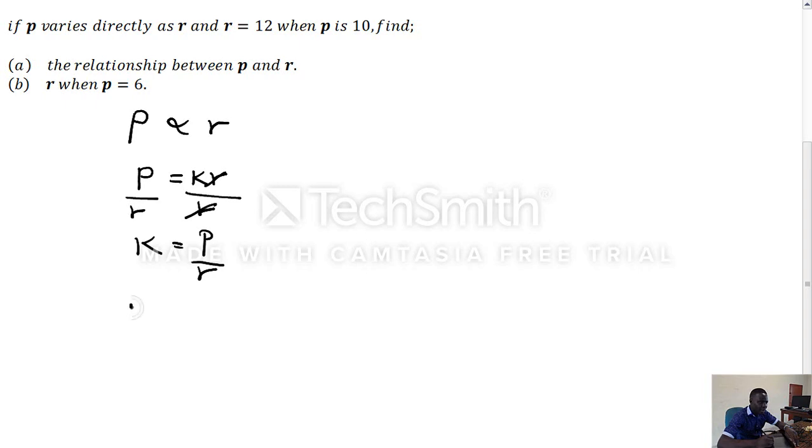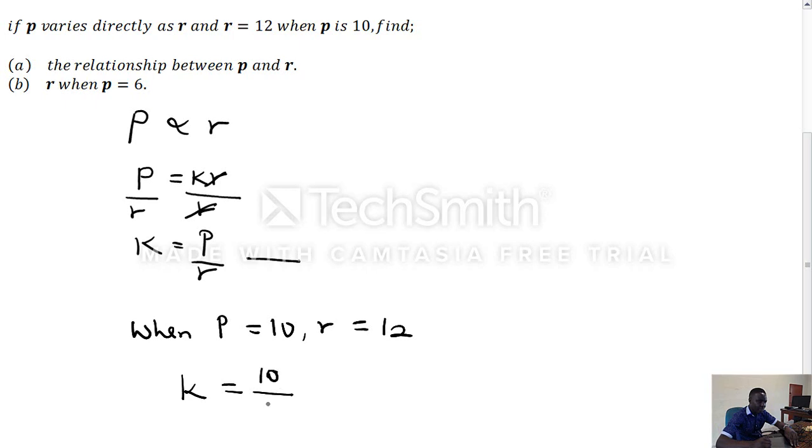So let's get the value of k when r is equal to 12 and p is equal to 10. That means we are going to substitute 12 for r and 10 for p in this equation. We have k is equal to p over r, which is 10 divided by 12.